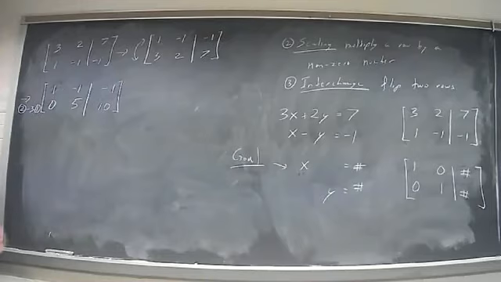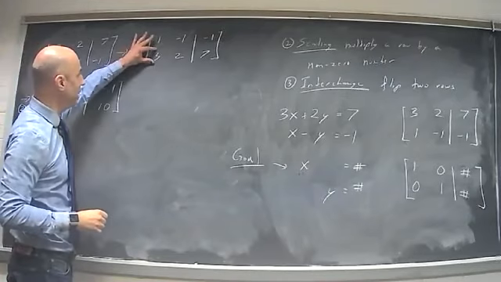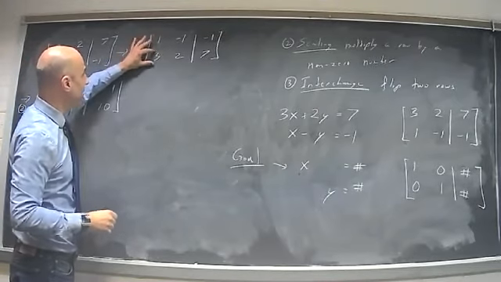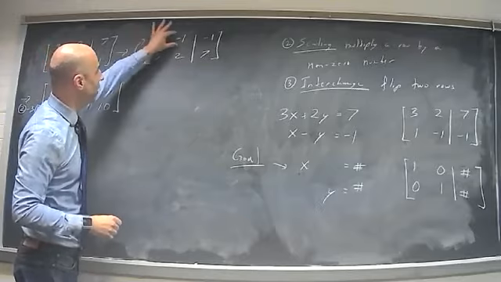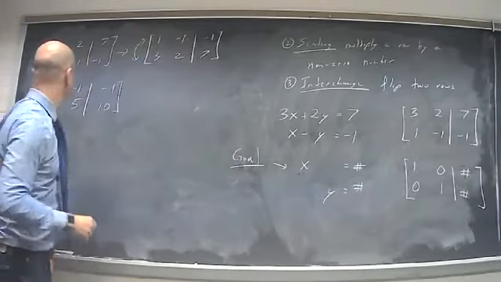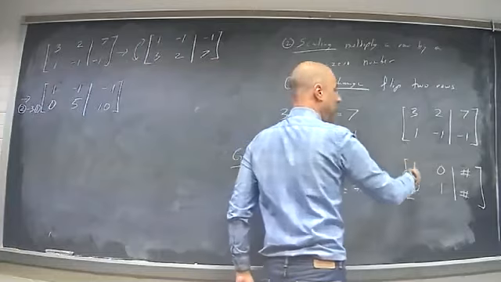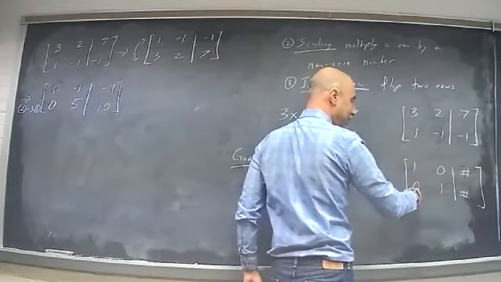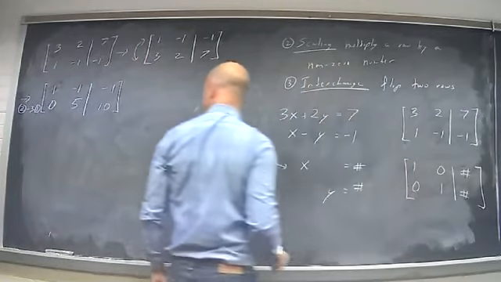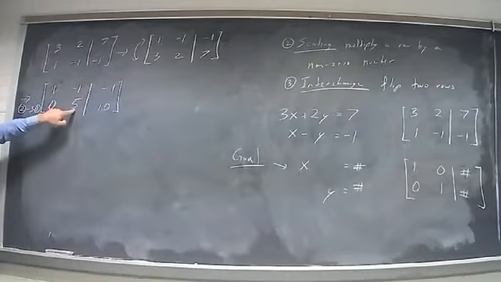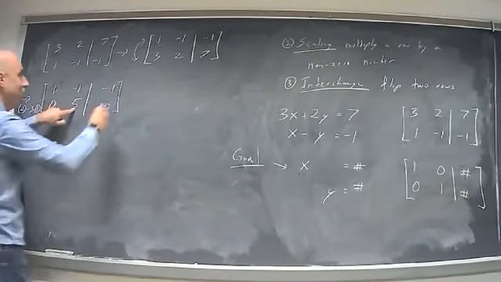All I've done is take each of the elements in row 2 and subtract off 3 times the corresponding element in row 1. And I've created the 0 right there. Now I have this 1, I have this 0. I'd really like this to be a 1. How can I turn that into a 1 now?